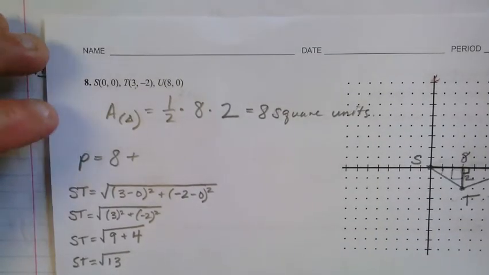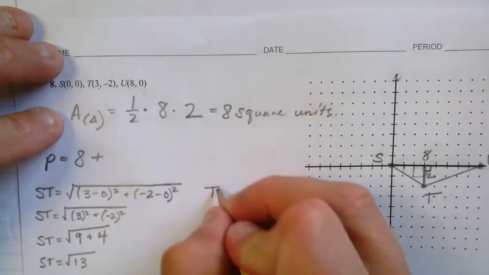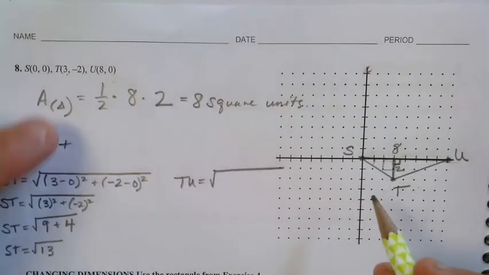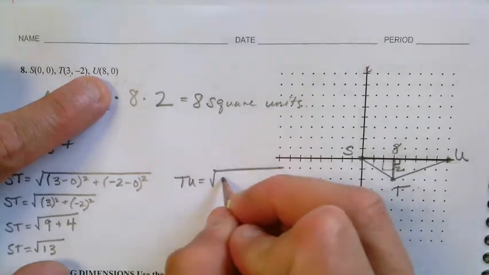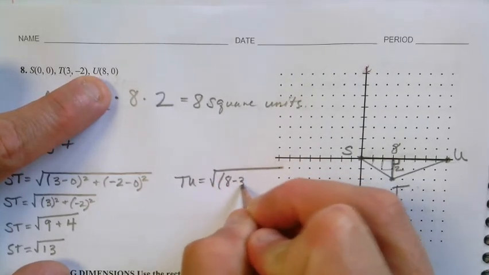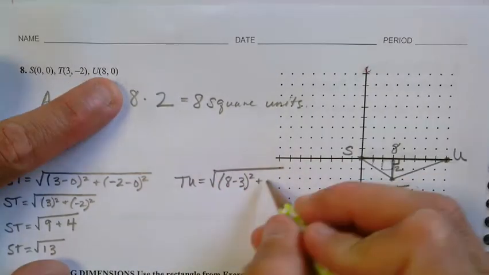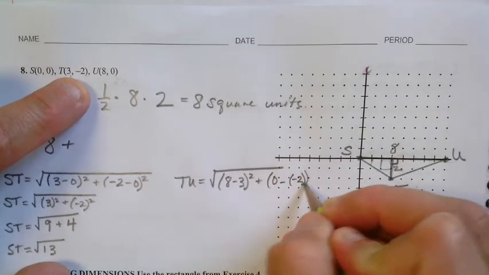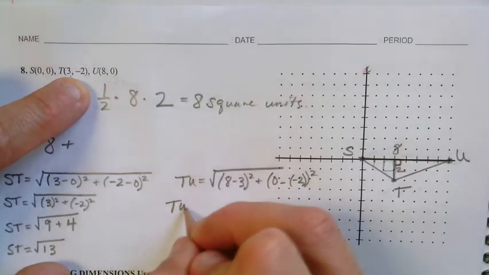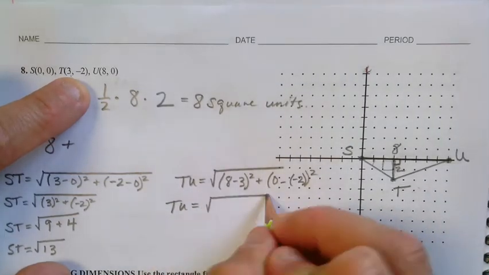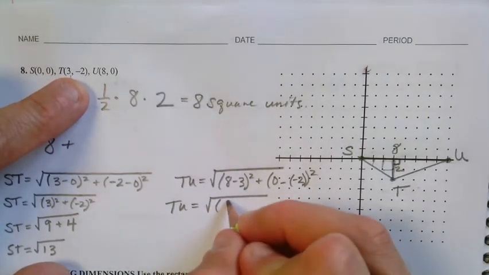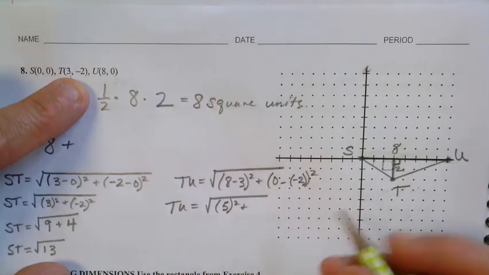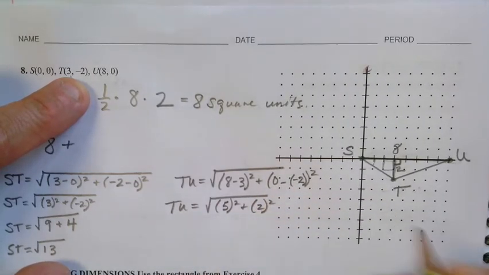Now for TU, let's do 8 minus 3 squared, and then 0 minus negative 2 squared. 8 minus 3 is 5, and 0 minus negative 2 is actually positive 2 squared.